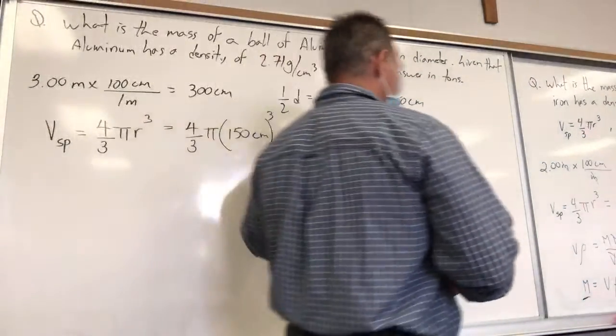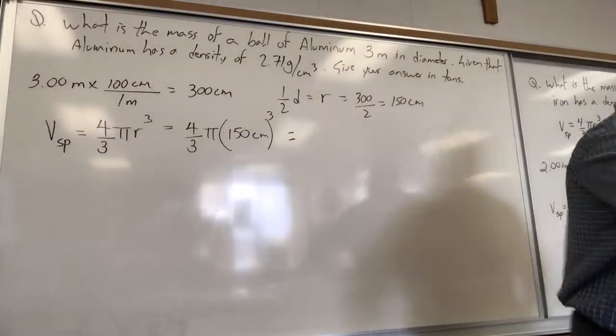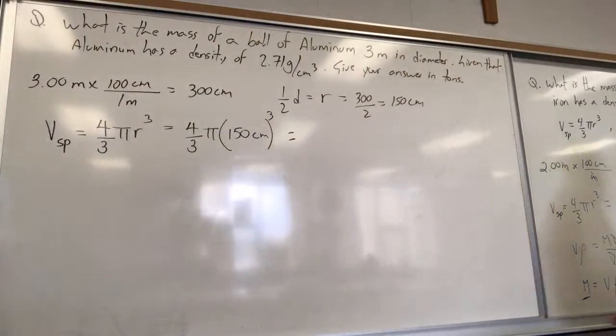So now let's plug in the numbers into our calculator and see what we get. We're going to take 150, raise it to the power of 3. Then we'll multiply that by pi. Does it matter what order we multiply numbers in? Does it change the value? If I say 2 times 3 times 4, does it change from 4 times 3 times 2?